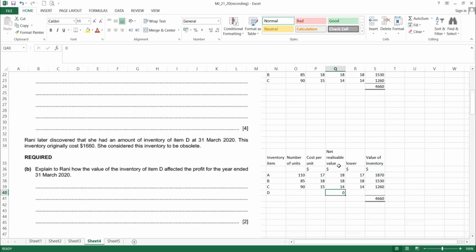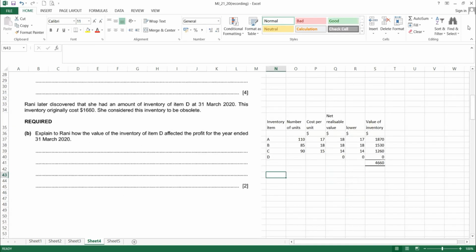The net realizable value is 0. So in this case, we should choose the 0 times the quantity. Therefore, you will get back the 0. So you notice that when you add in the 0, the value of the inventory still will not change.